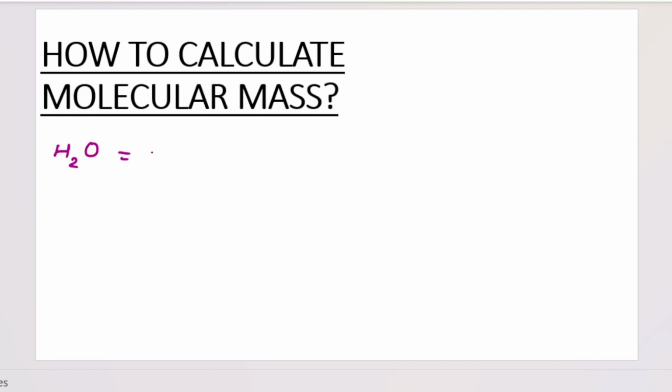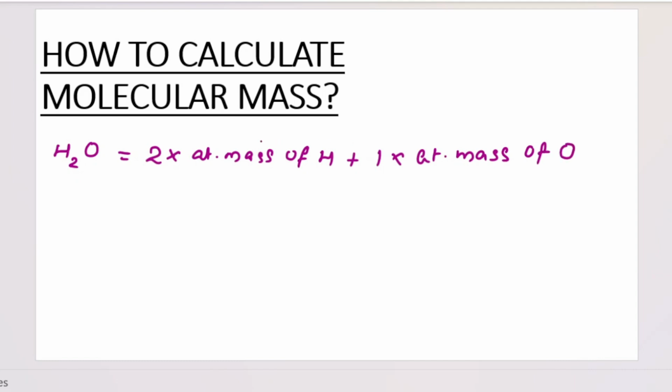So it will be 2 atoms of hydrogen into atomic mass of hydrogen, plus how many atoms of oxygen? 1 atom of oxygen. So 1 into atomic mass of oxygen atom.